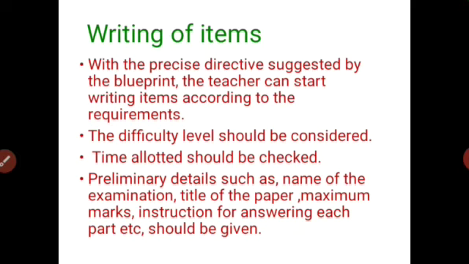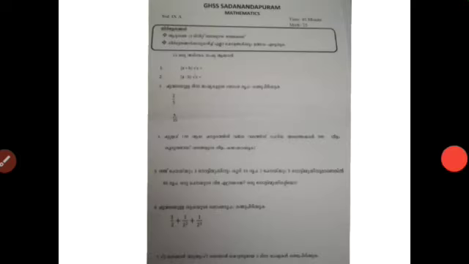Preliminary details such as name of the examination, title of the paper, maximum marks, instruction for answering each part, etc. should be given. It is advisable to arrange the questions in the order of their difficulty level. And here we have the format of an achievement test.